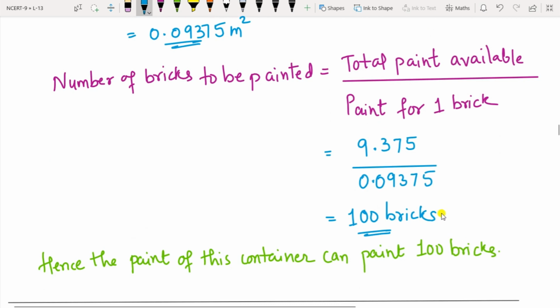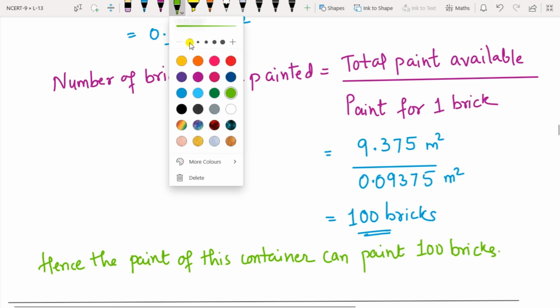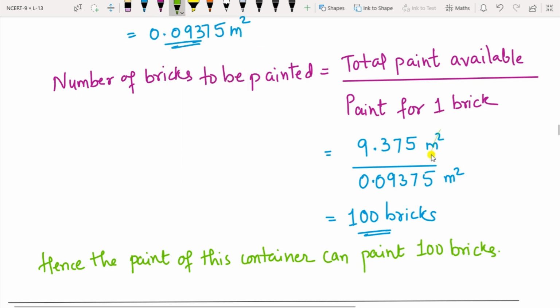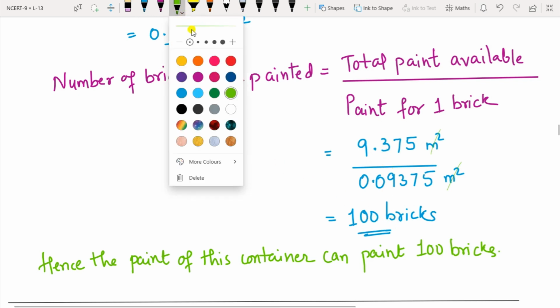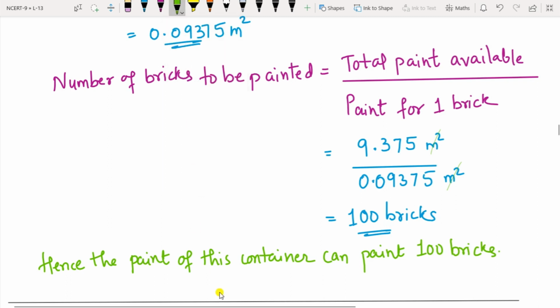So total paint available is this much meter square, and paint on one brick is 0.09375 meter square, wherein you will cancel this meter square here, the units will get cancelled, and after cancelling these two you get 100 bricks. Okay, so 100 bricks can be painted from the container which is having 9.375 meter square of color.